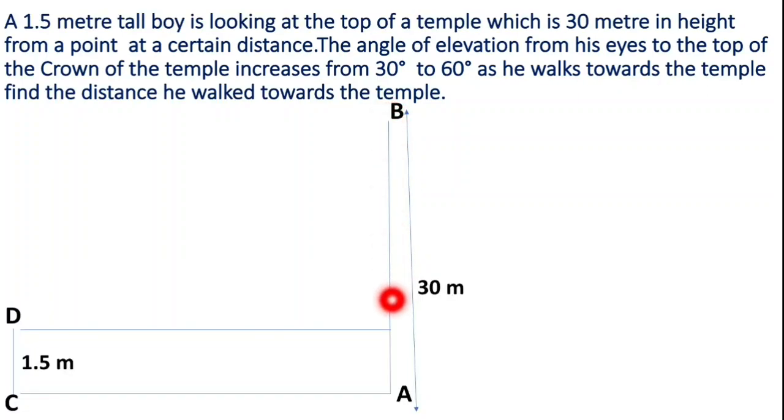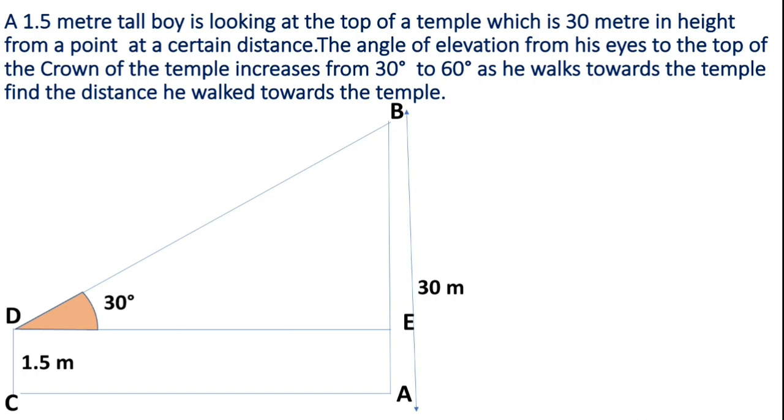AB indicates the temple, so this line meets AB at E. Observe that we are drawing a parallel line from D, so this is parallel to the earth line, that is AC, which meets the line AB at E. And clearly from D we are observing the top of the crown of the temple. So here we get the angle of elevation. The angle at D becomes 30 degrees, so here we have to consider the 30 degrees angle.